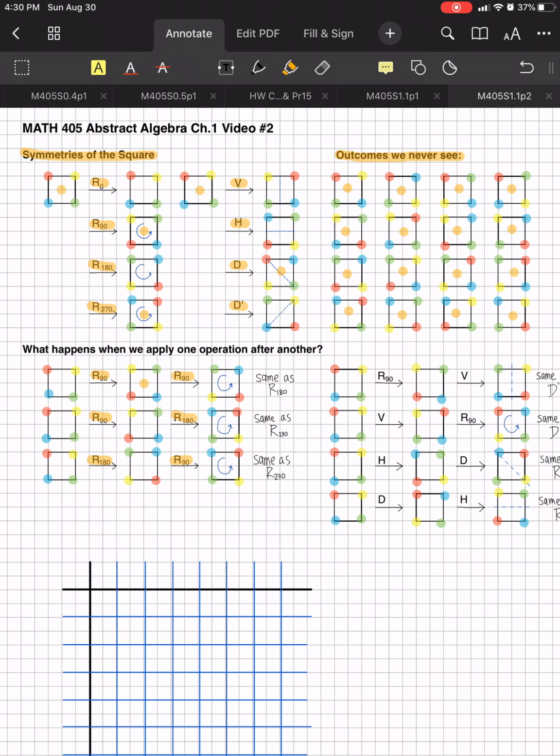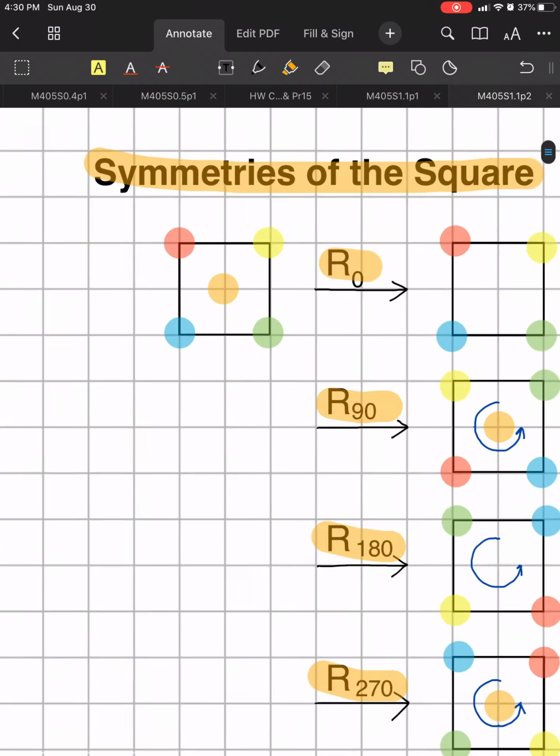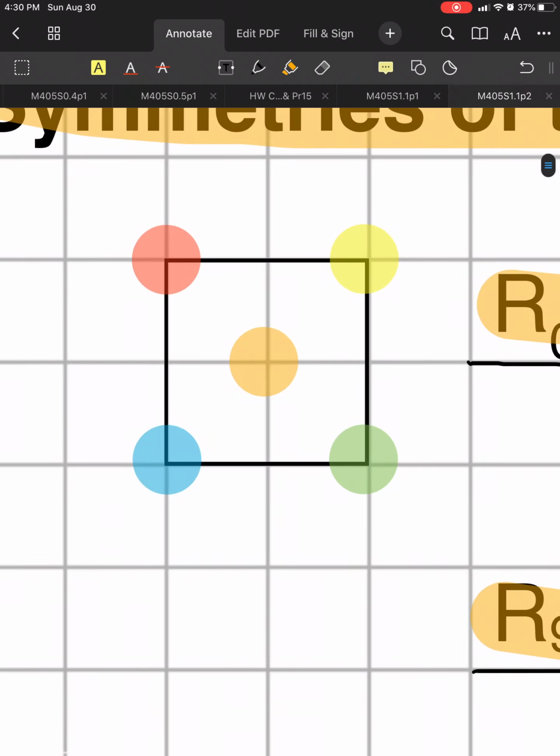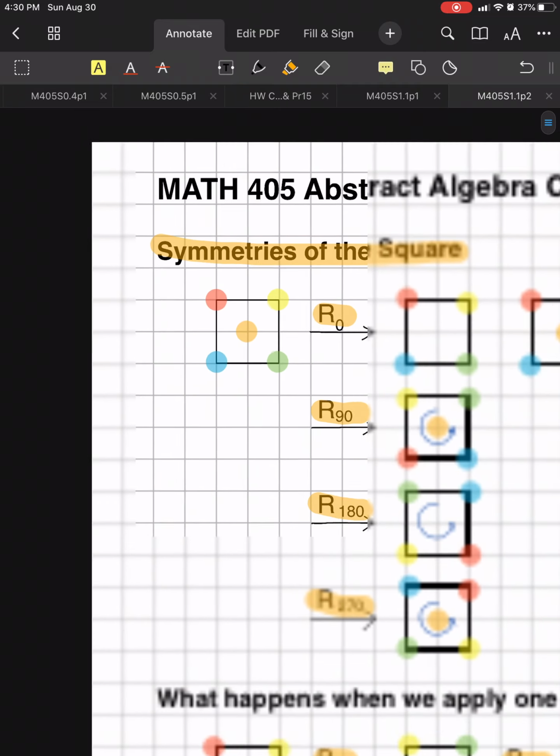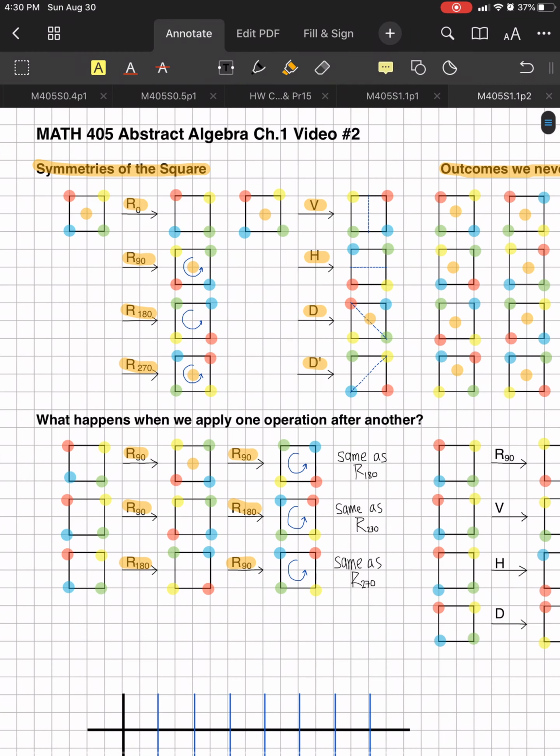Remember, when we came up with this, it was an actual physical square, right? This thing we had in the upper left here, this was an actual physical square. I actually asked you to make one of these by hand. The ones that you'll notice over here, the outcomes we never see, you'll notice in the original square, red and green are opposite.